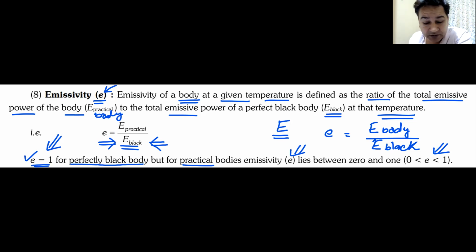If emissive power is very high, it is the same as the black body, emissivity becomes 1. That means it is a very good emitter. Do you understand this? Yes, sir. Emissivity, simple terms, and these simple terms make a hell of a lot of difference.